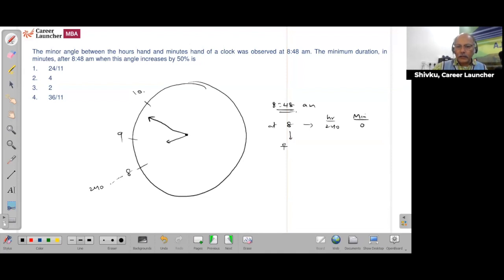At 8:48, the R hand moves at half a degree per minute. So it will add up 24 degrees. And the minute hand, that's 6 degrees, right? So that will be at 288 degrees.